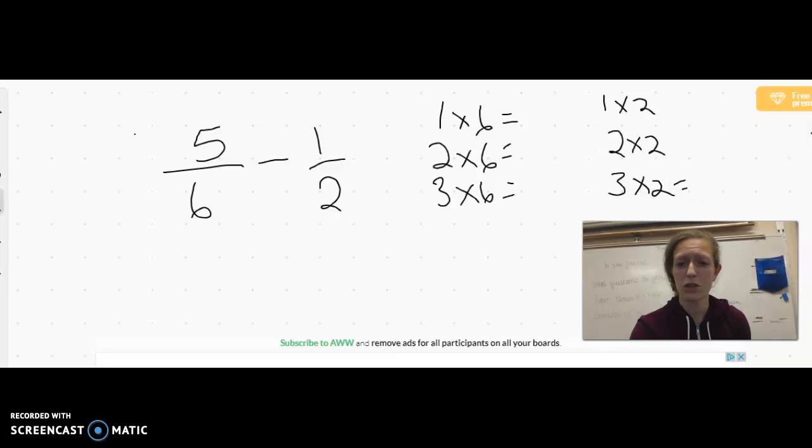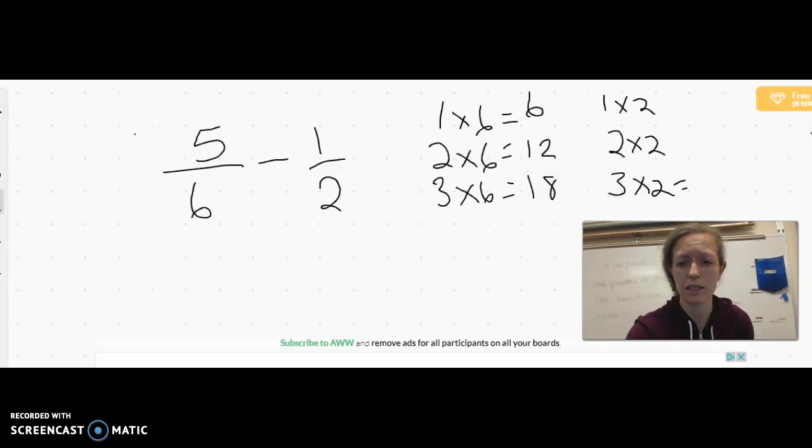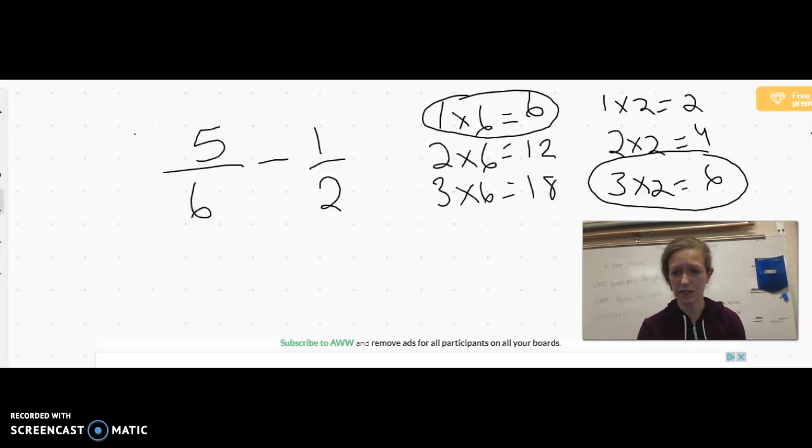Okay, so I'm going to do my 6's first. 1 times 6 is 6, 2 times 6 is 12, 3 times 6 is 18. Come over here to this side. 1 times 2 equals 2. 2 times 2 equals 4. 3 times 2 equals 6. So where are they the same? Here, right? 3 times 2 equals 6, and 1 times 6 equals 6.